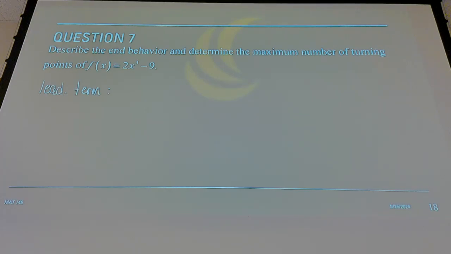We need to identify the leading term. So what's the leading term?